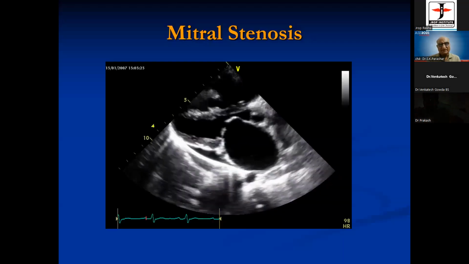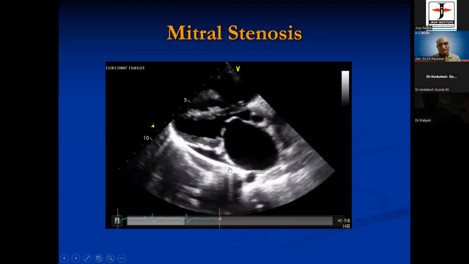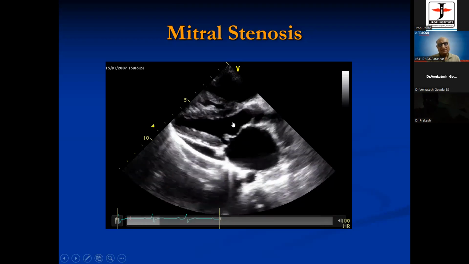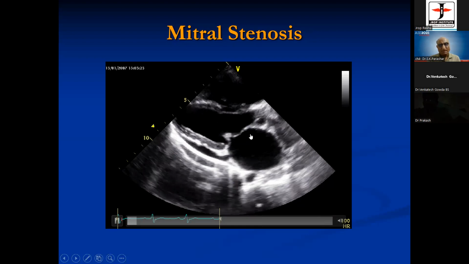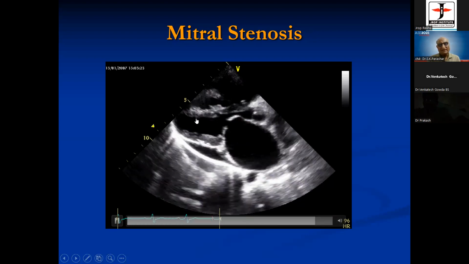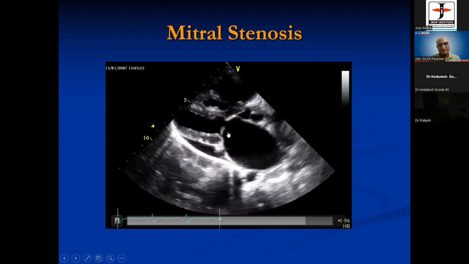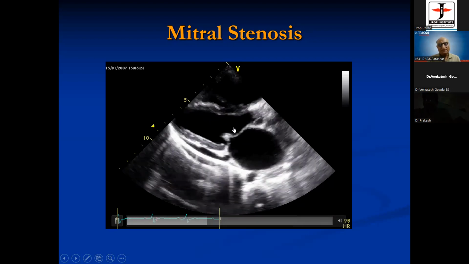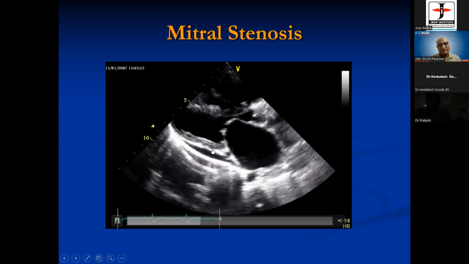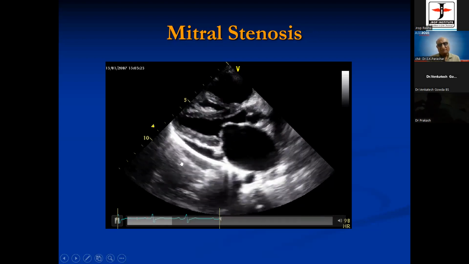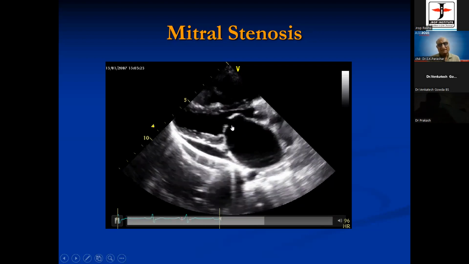Now here you see that there is a mild thickening of the anterior mitral leaflet toward the tip or so. That means it is not very severe, and the opening is quite good. You see the posterior leaflet is moving towards the anterior leaflet, so it is not grossly severe because it's a very pliable valve. It shows a good movement and there's a mild thickening also.